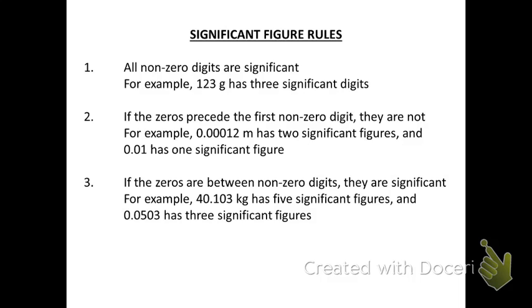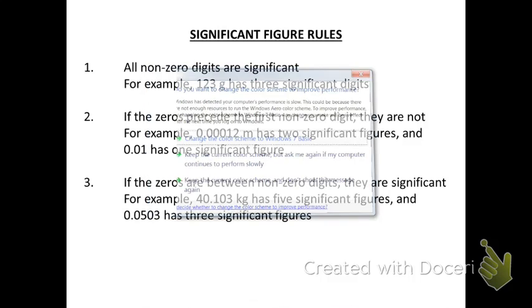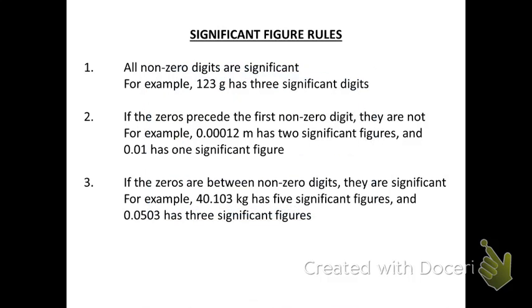So first of all, rule number 1 states that all non-zero digits are significant. For example, 123 grams has 3 significant digits. All of these are non-zero digits, so they must be significant. Another example would be 1.677.